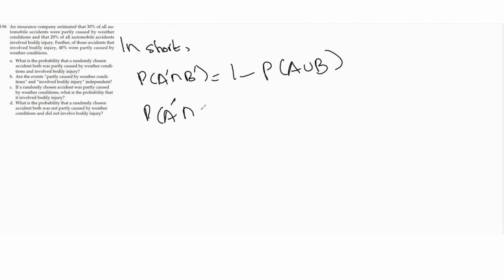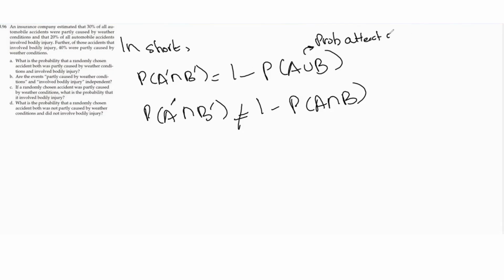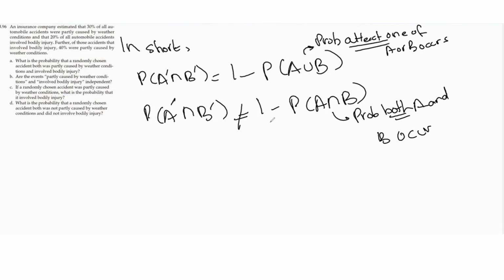But this is not equal to 1 minus probability A intersection B, which is the probability both A and B occur simultaneously. So probability neither A nor B is not 1 minus probability A and B, because like we said, this involves the probability of just A and just B, which we're not interested in.